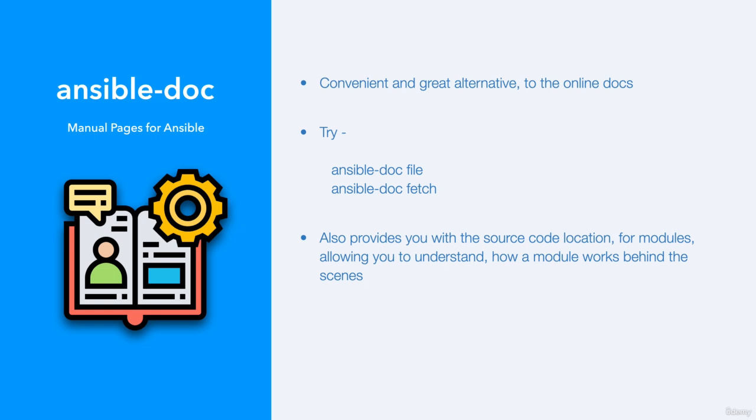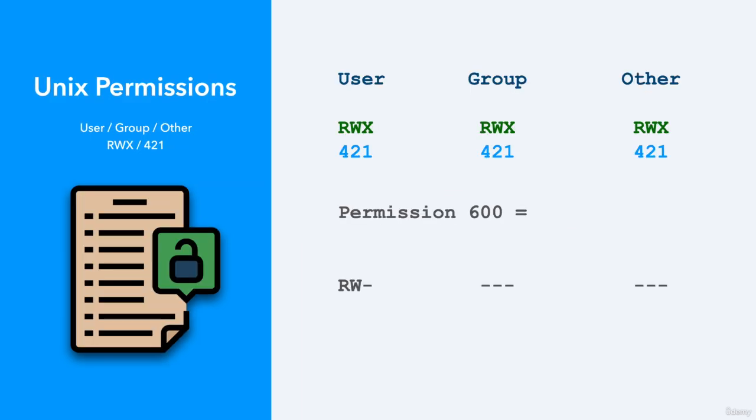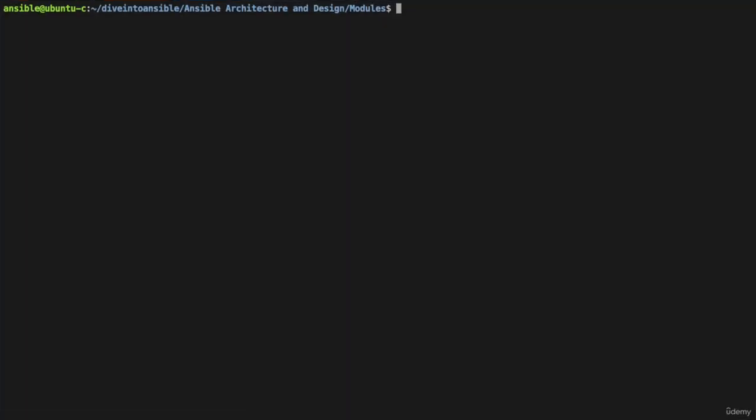Lastly, before we close this video, I want to show you one last thing, and that's the ansible-doc command. In the examples, we've shown the online documentation, but this tool is also available as part of Ansible, and it's great for looking at the variables and syntax available for modules. So, for example, here we can do ansible-doc on file.